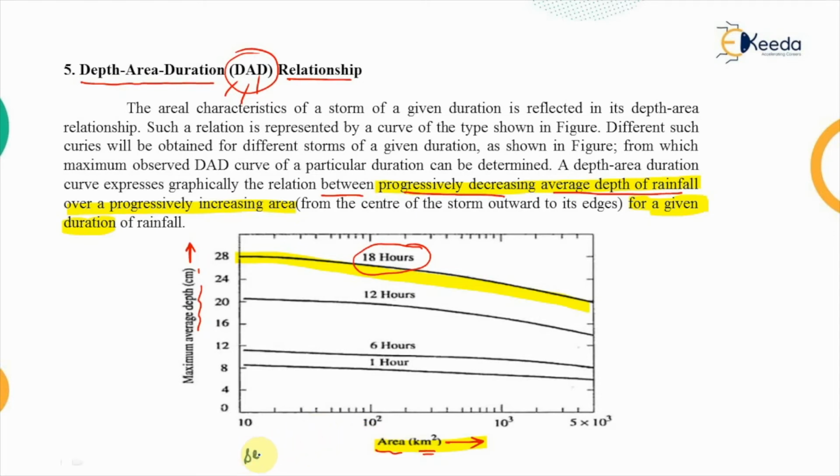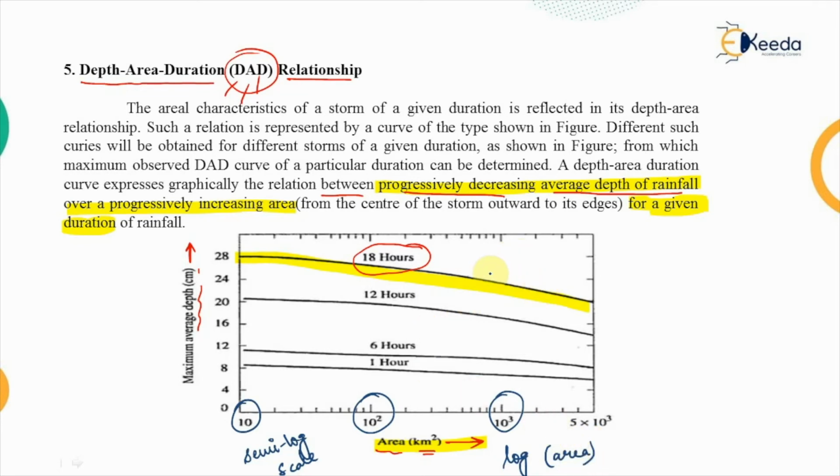So this curve is on the semi-log scale. As you can see, the data is for the 10th value, then for 100th, then for 1000th, then for 5000. So in this way the data is increasing, and the area is represented on the log scale.